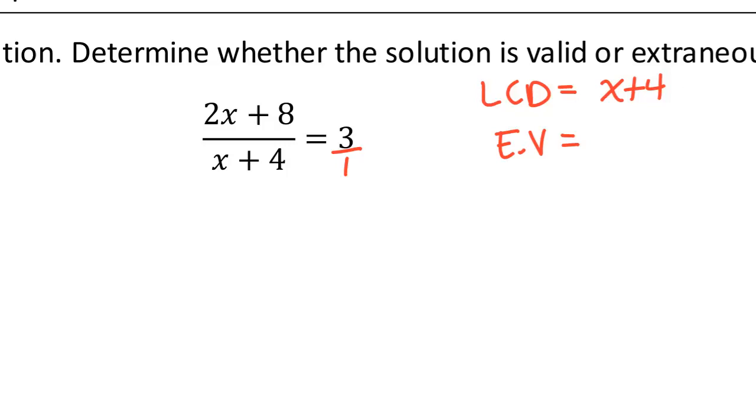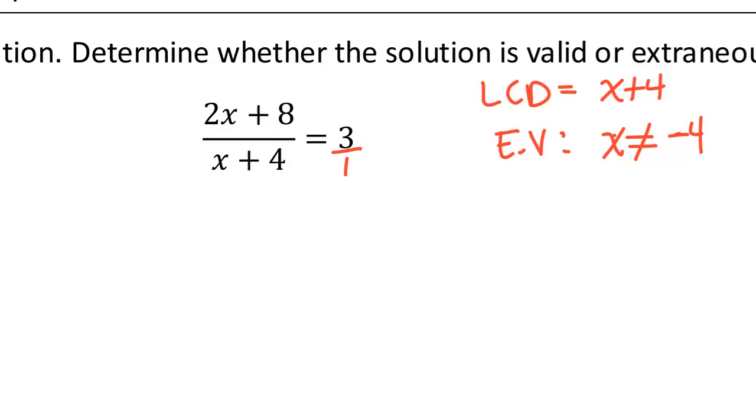So x plus 4 is the least common denominator. So what's my excluded value? What x cannot equal? What would make this a 0? A negative 4. Good. So the excluded value, you just cannot get a negative 4 for your solution.